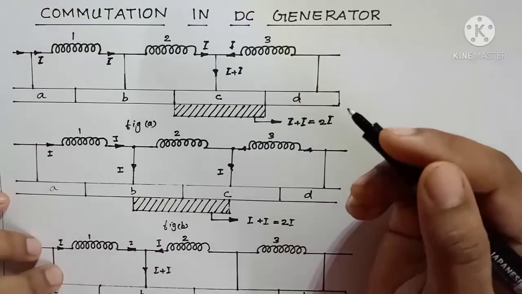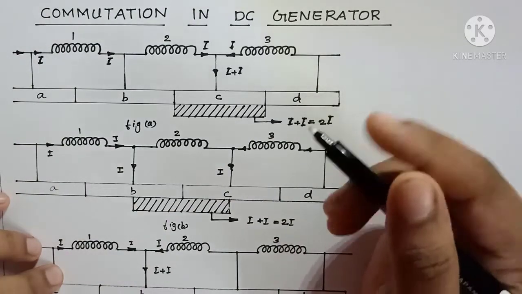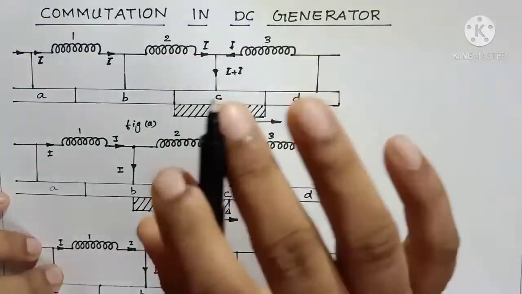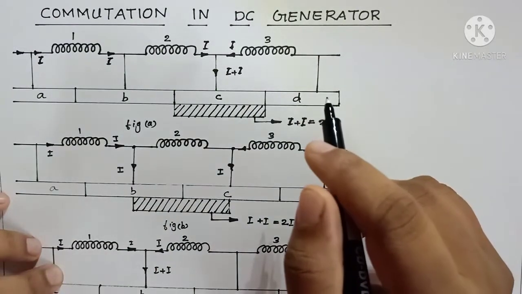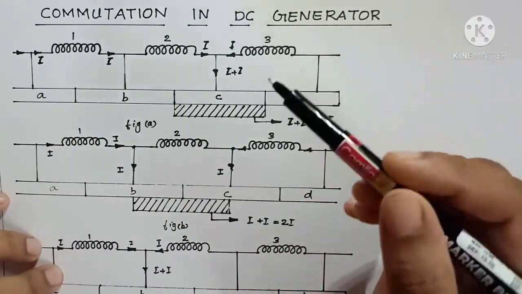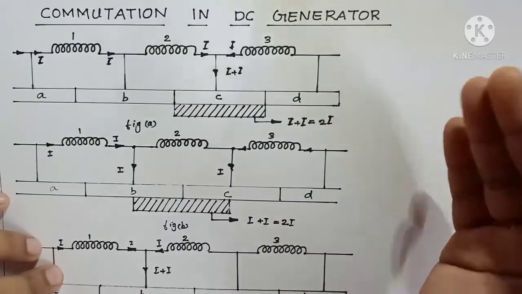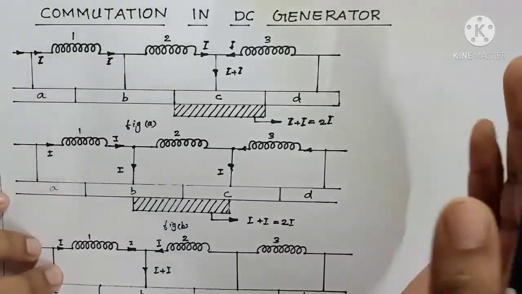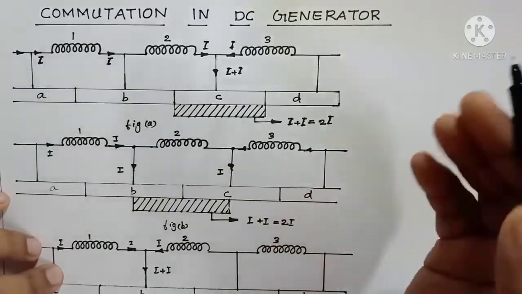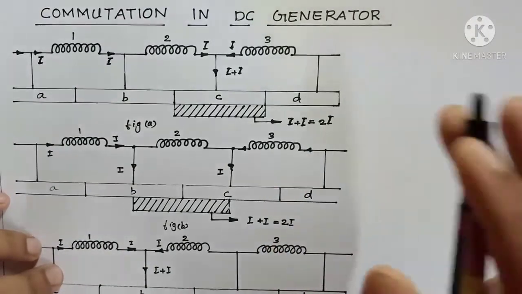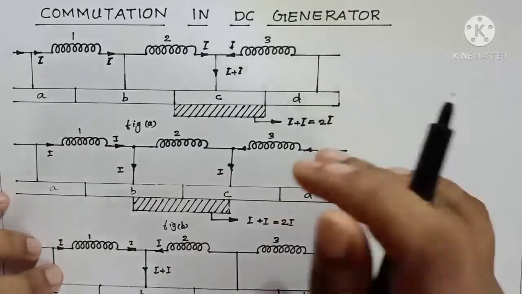A good commutation means there is no sparking at the brushes. Sparking at the brushes will damage the brush, and not only the brushes, it will damage the commutator segments also. Finally the machine may get completely damaged due to heavy short circuits in the machine parts.